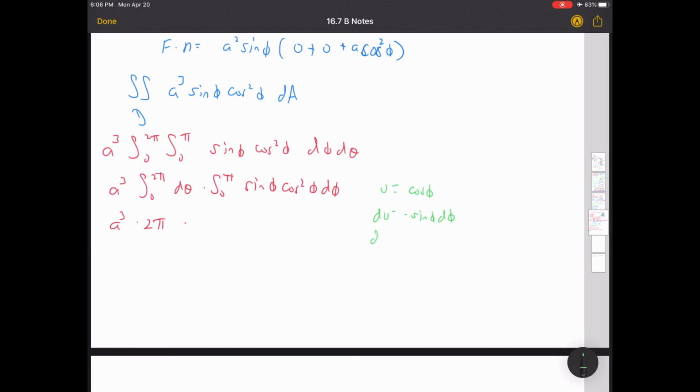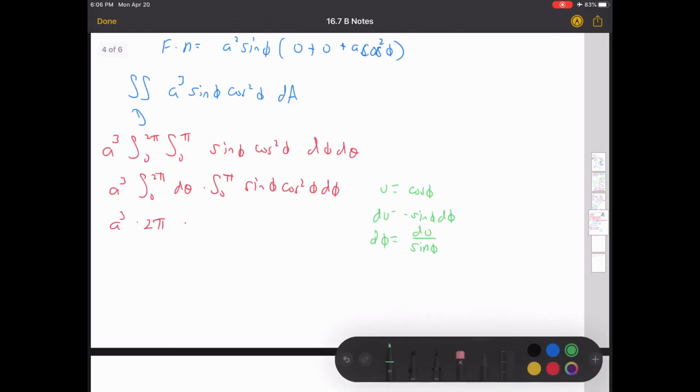And so d phi is going to be du over negative sine of phi. And we'll go ahead and change the bounds.